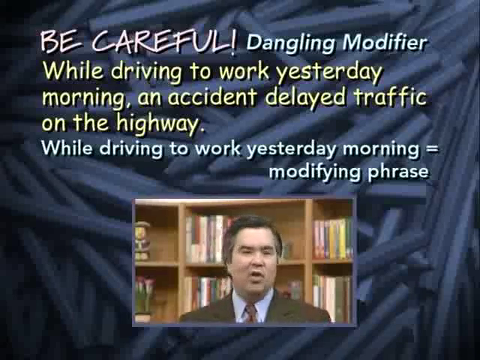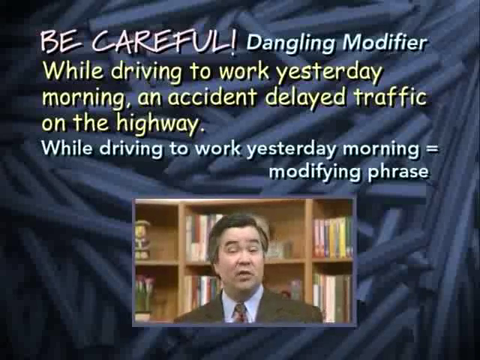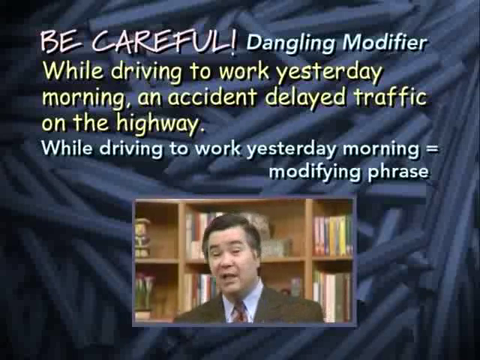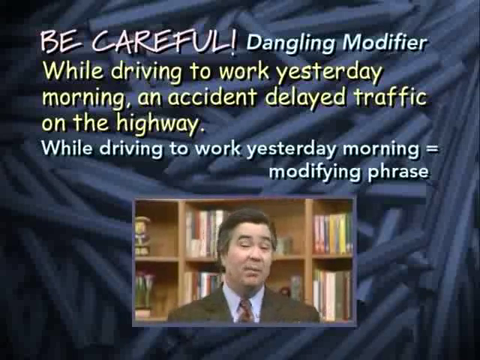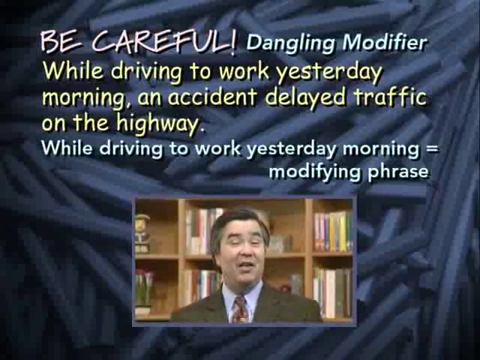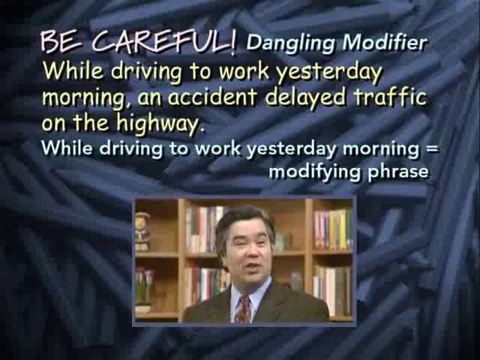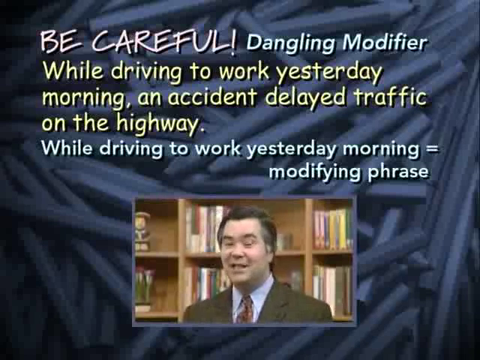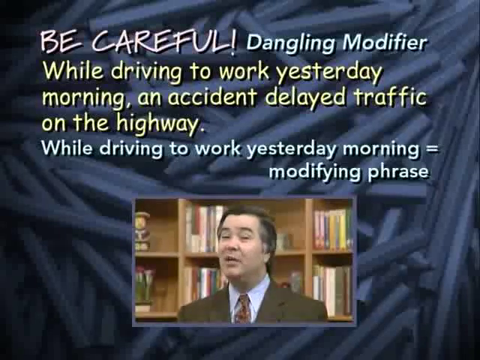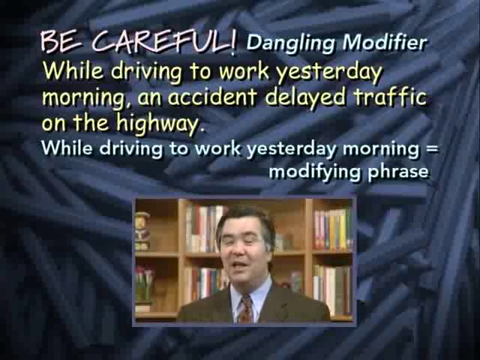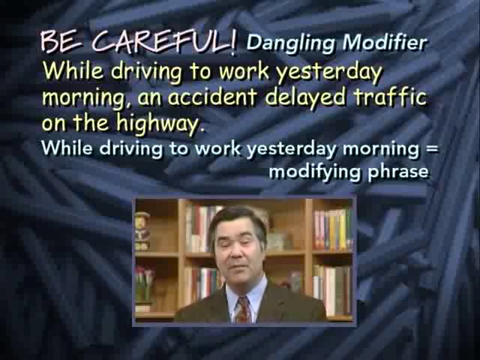That leaves it totally unclear who was driving to work, who is being discussed here. And therefore, there's no real connection between the modifying phrase and whoever is supposed to be modified by it. In fact, the person being modified doesn't appear in the sentence. And that's why we call this a dangling modifier. It is a would-be modifier that doesn't have any word or words to modify.